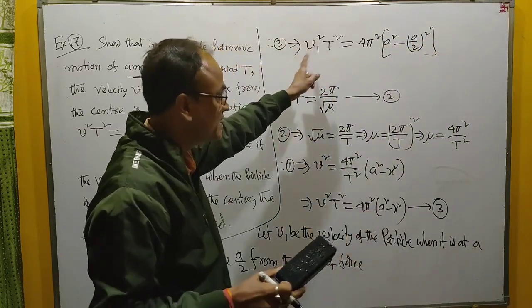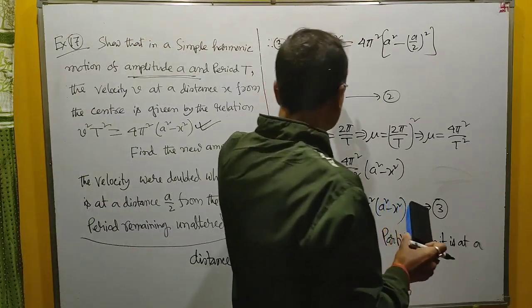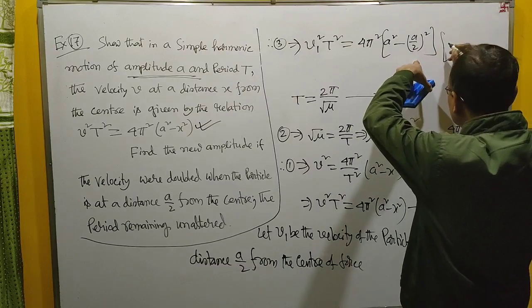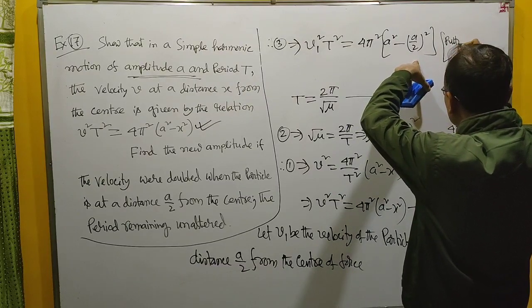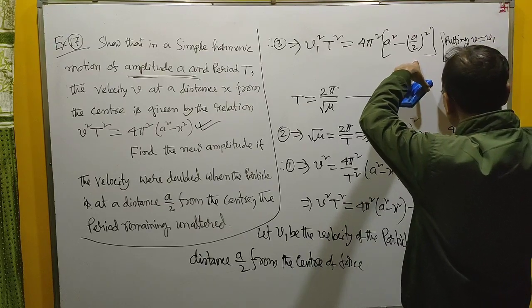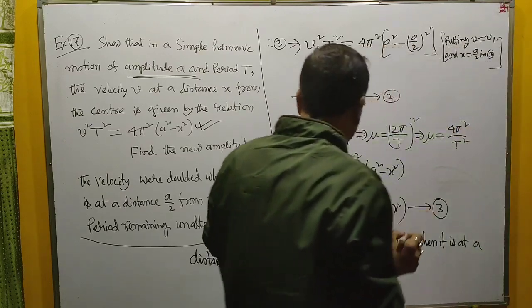Because velocity is v1, x is equal to a by 2. Putting v equal to v1 and x equal to a by 2 in 3, we have got this.